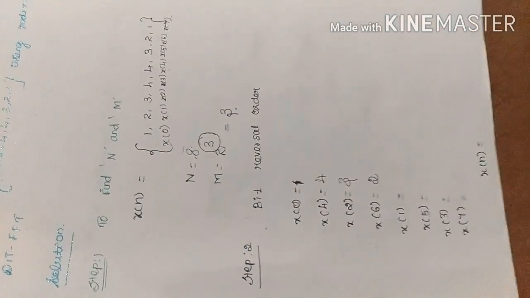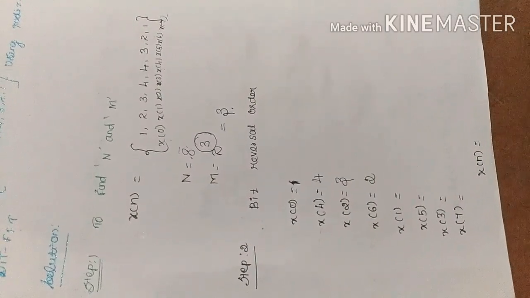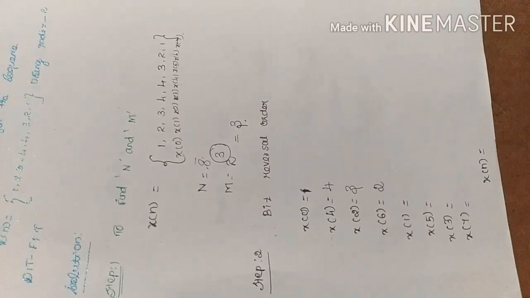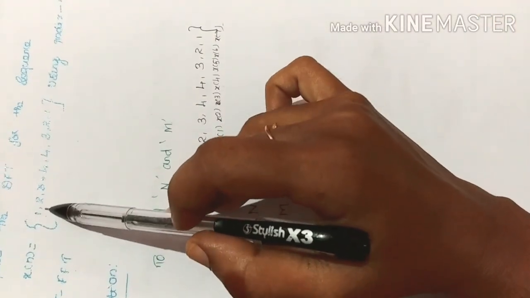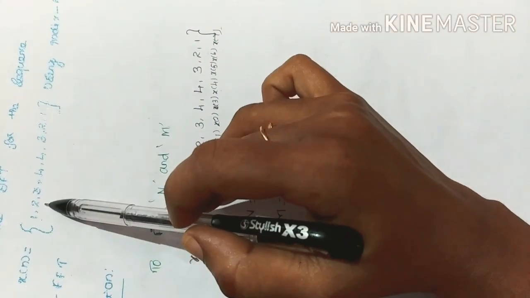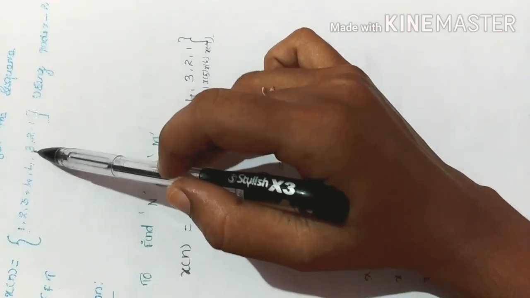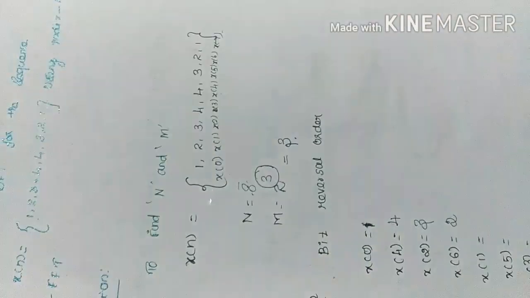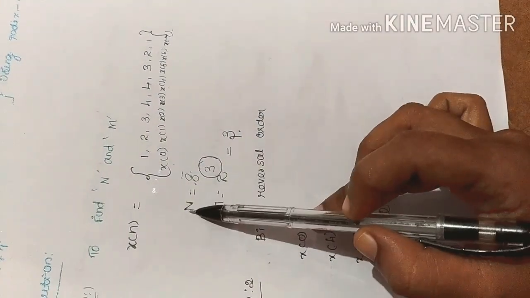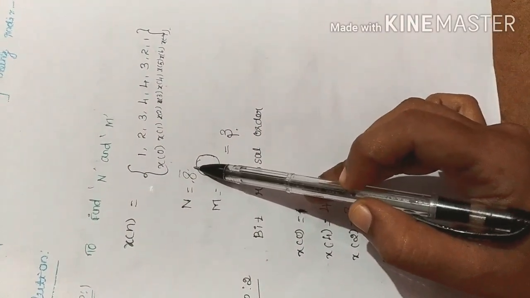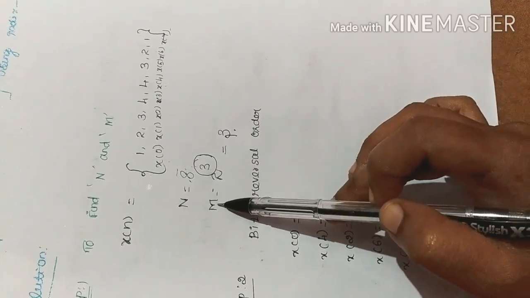Our first step is to find the capital N and M values. For N, just count the input values: first term, second term, third term, fourth, fifth, sixth, seventh and eighth. Our input contains 8 values, so our N value becomes 8. Then how to calculate the M value?